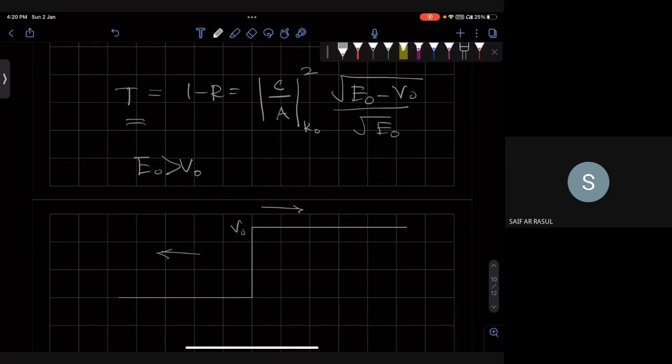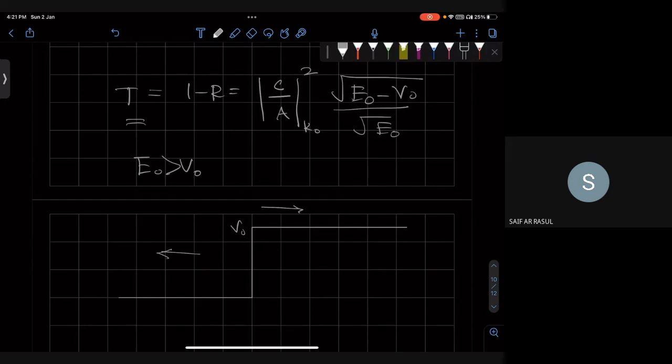Here, we took a distribution of different energies of particles, and you're saying there is a probability that some of the particles will have less than the energy of V naught. That's what you're saying.